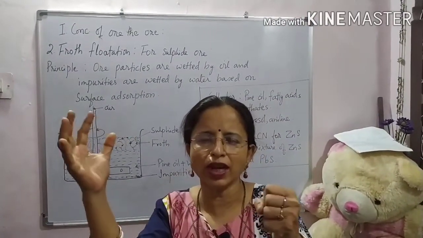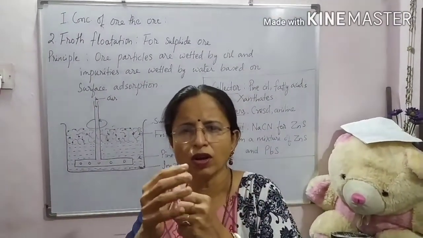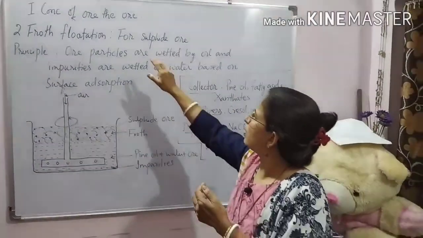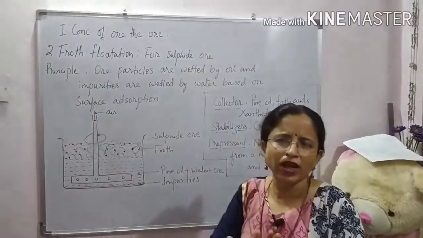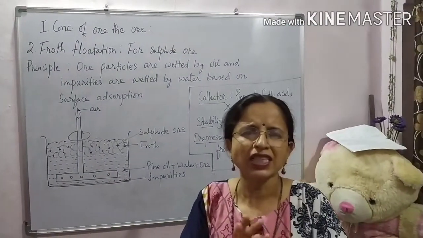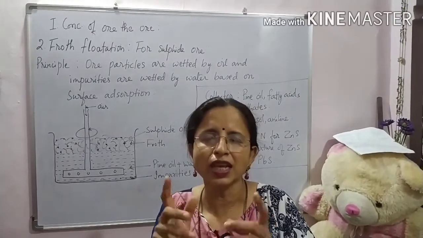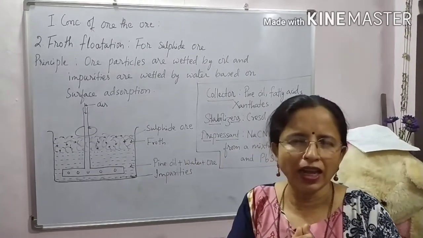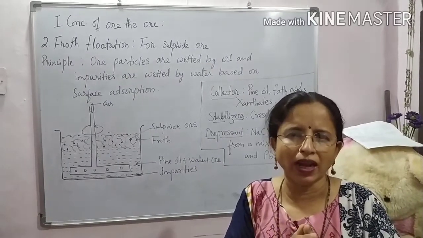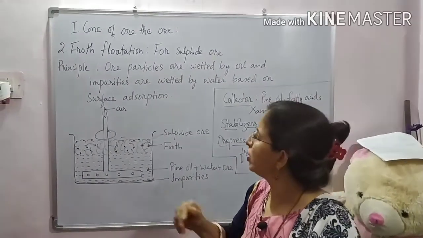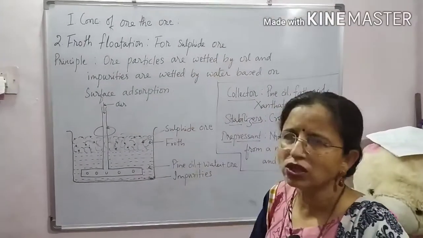It is mainly only for sulfide ores, the ores which have sulfide in them, only sulfur, not sulfate. Sulfide ores include iron pyrite, copper pyrite, galena and zinc blende. So it is mainly for the concentration of sulfide ore.